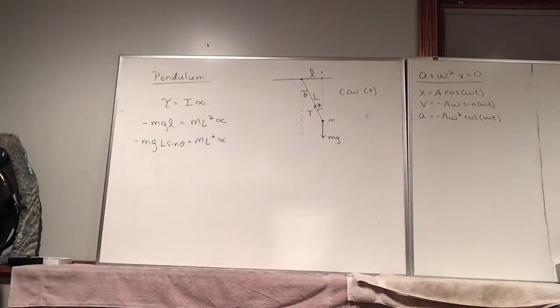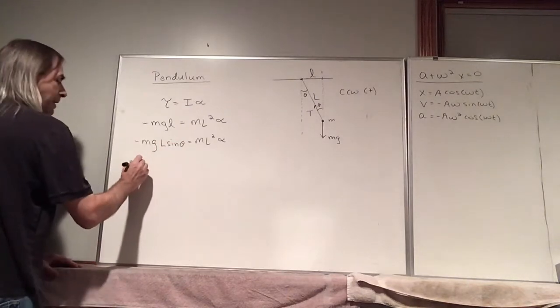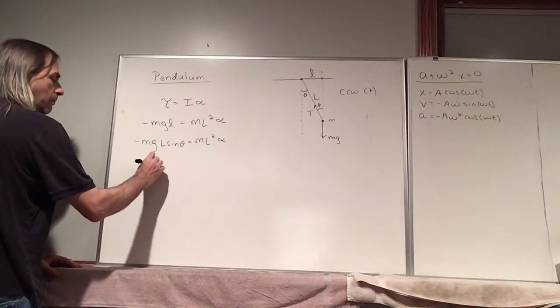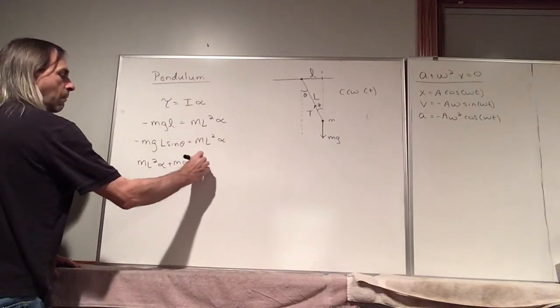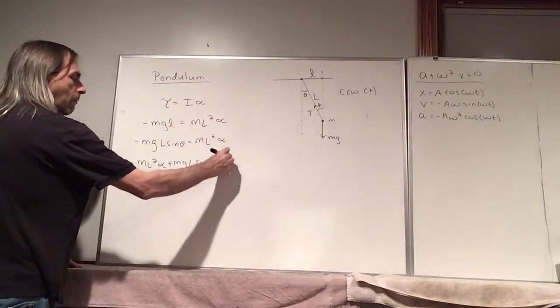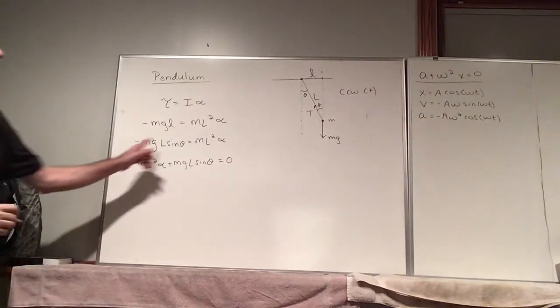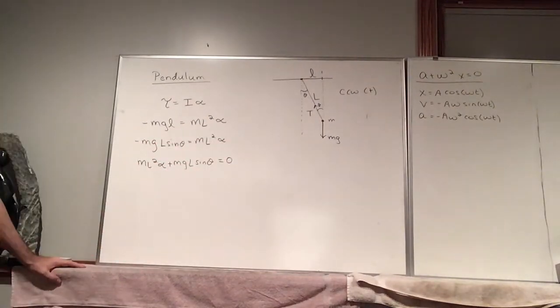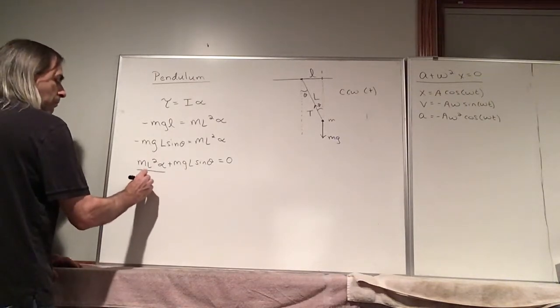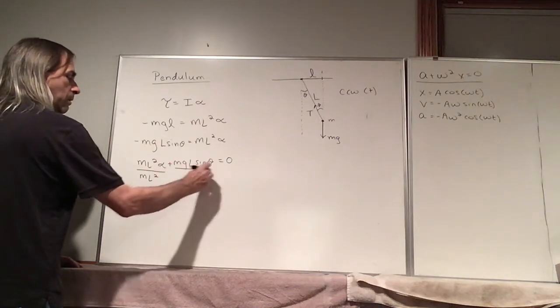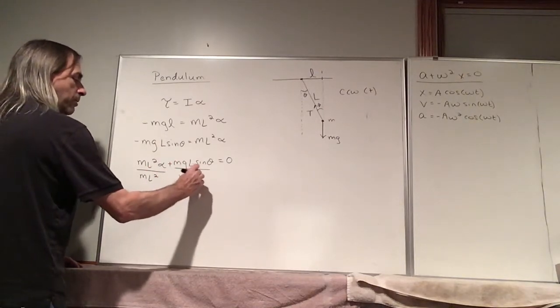So what I want to do here is let's move everything over to one side. So we move this term over here, becomes positive on the other side. We add that up and get 0. And let's divide everything by ml squared. So we divide each term by ml squared.